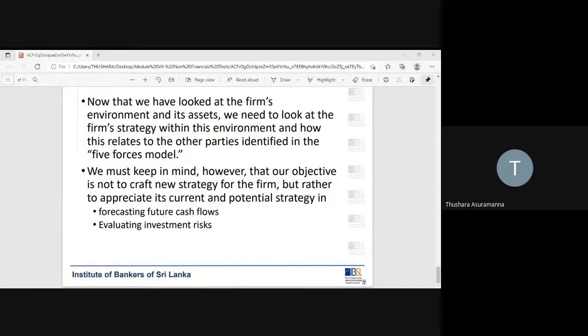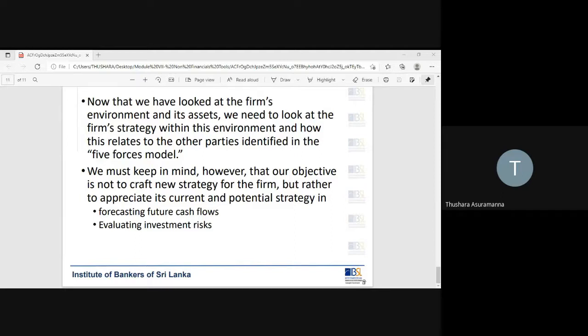So basically, why are we trying to do this? Because we wanted to see how the competition would impact this company on the loan proposal. The company is coming and asking for a loan. It's a project loan. So you will analyze all other areas, including the market, when you want to understand the market potential.